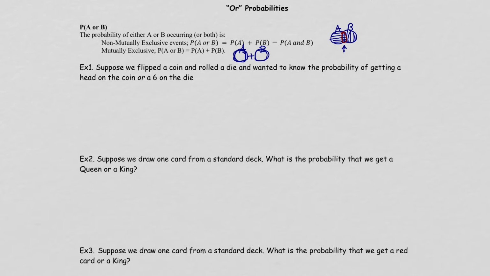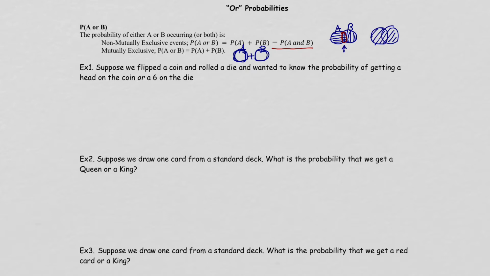That's why you're subtracting one, so you end up adding just one of each area. So that's what we're going to do for not exclusive events.